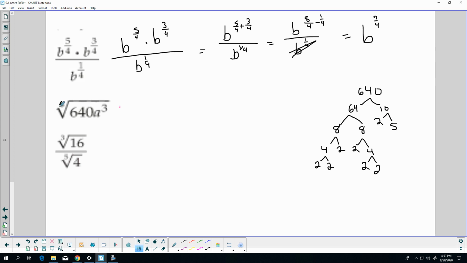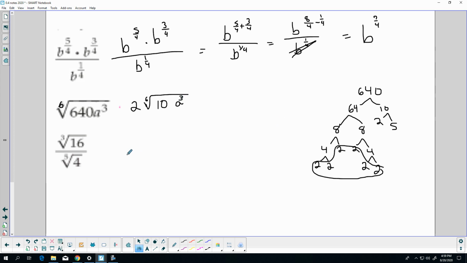Well, what I notice is that is a 6th root, so that means that they need to be in groups of 6. But out of a group, only one makes it out. That 2 and 5 don't have anybody to pair up with, so it's going to stay under the radical. Now, don't forget my index. Now I need to look at my variable. 6 does not go into 3, so it has to stay under the radical.